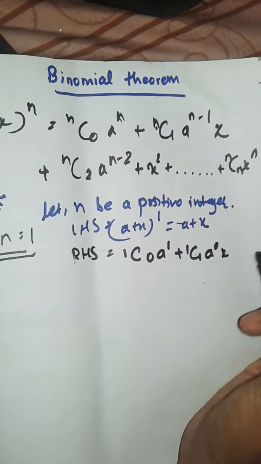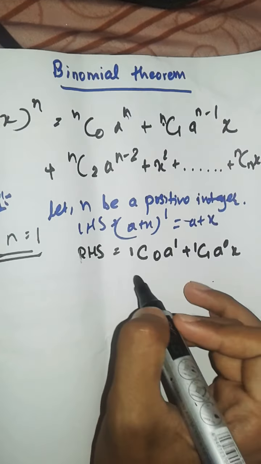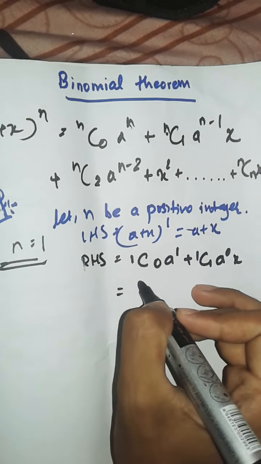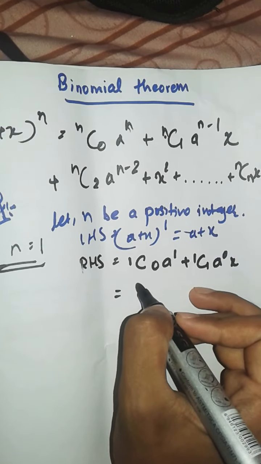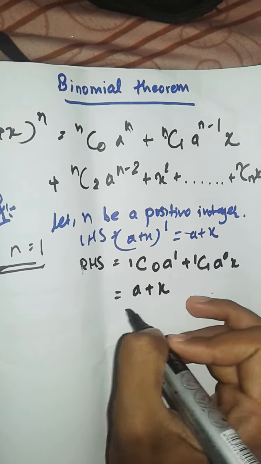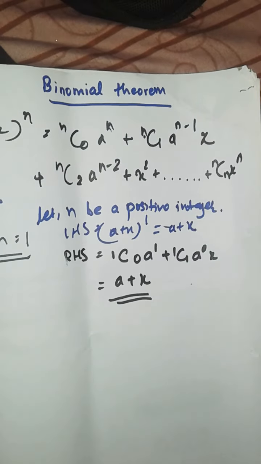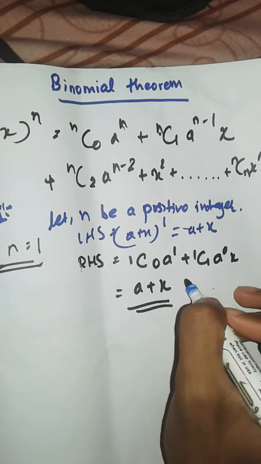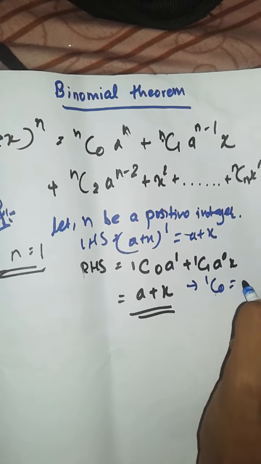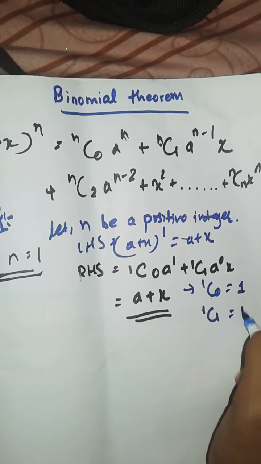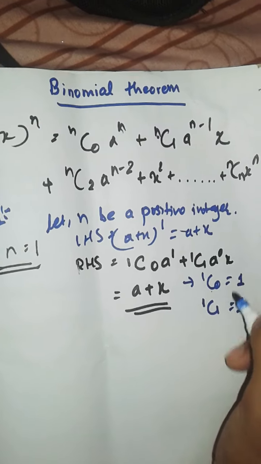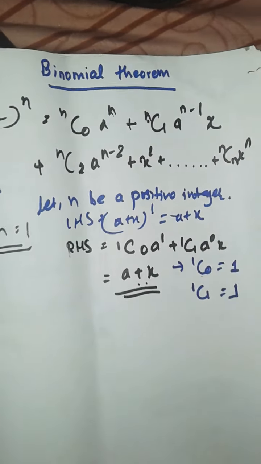Simplifying, it will be equal to a + x, as we can see that 1C0 is equal to 1, while 1C1 is also equal to 1. So in place of that, we can write down a + x only.